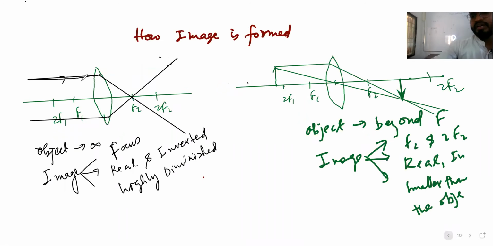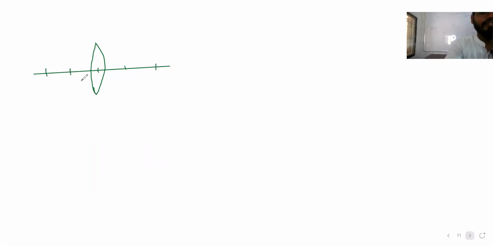Now let's take the object at F. If the object is at F, you know what will happen. Again, if it is at F, then a ray parallel to the principal axis passes through the focus.